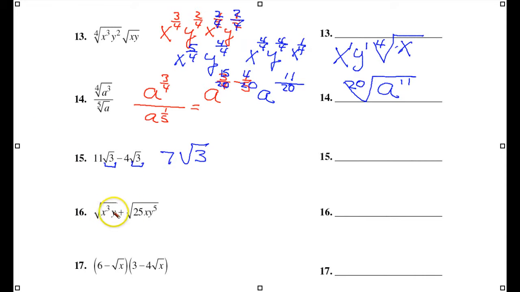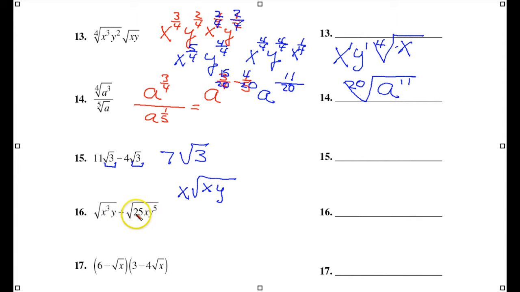Now for number 16, our index numbers are the same, but our radicands are not the same. But notice here we can take out an x squared. So we get x, the square root of xy, out of this one. I'm not doing the step that you probably should do if you were just starting, but we're moving ahead here.